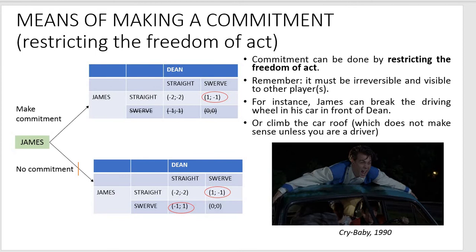Okay, so let's discuss it based on the chicken game. As you remember, two guys can go either straight or they can swerve. The one who goes straight is a winner on the condition the other player decides to swerve. If both of them swerve or turn out to be chickens, then they have just zero utility.